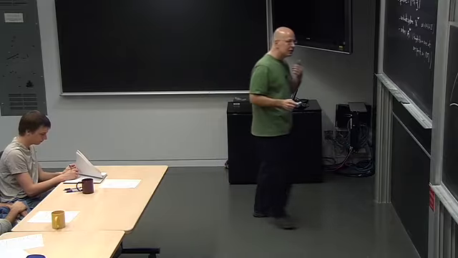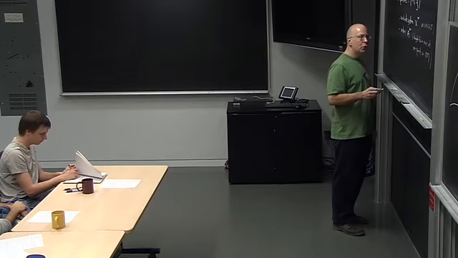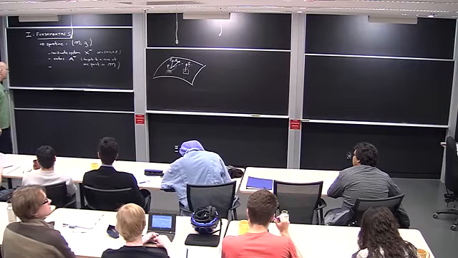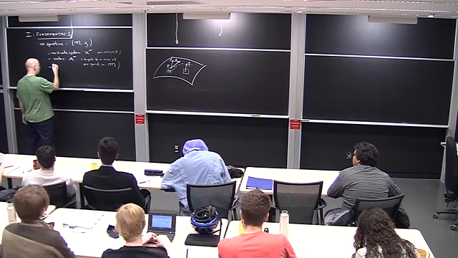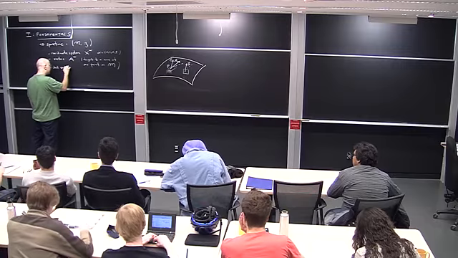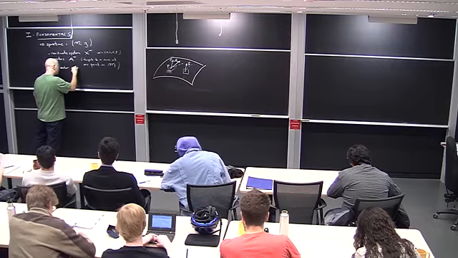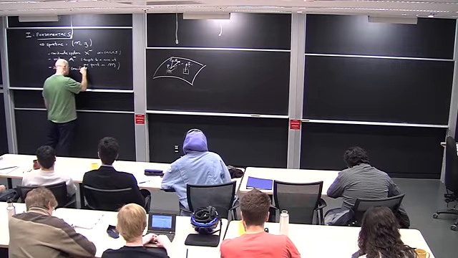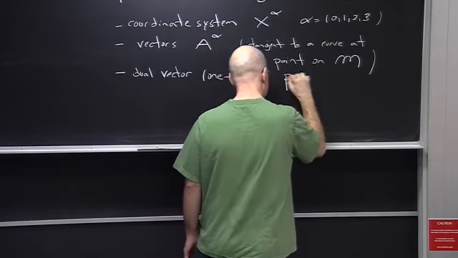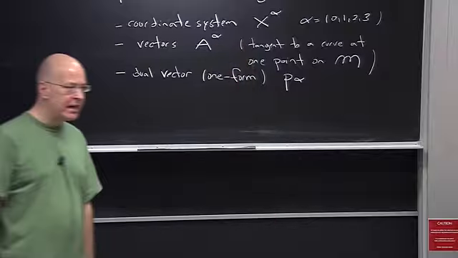Okay, so that's our notion of a vector on a manifold. We have a variation on what a vector is. I like to call it the dual vector. Sometimes it's called the one-form. This is something with an index down.